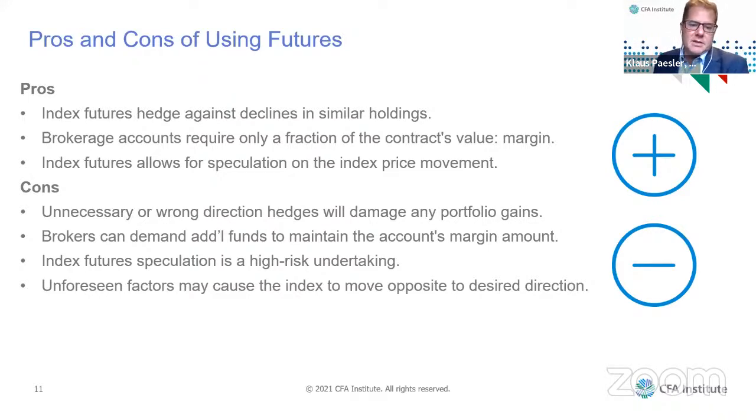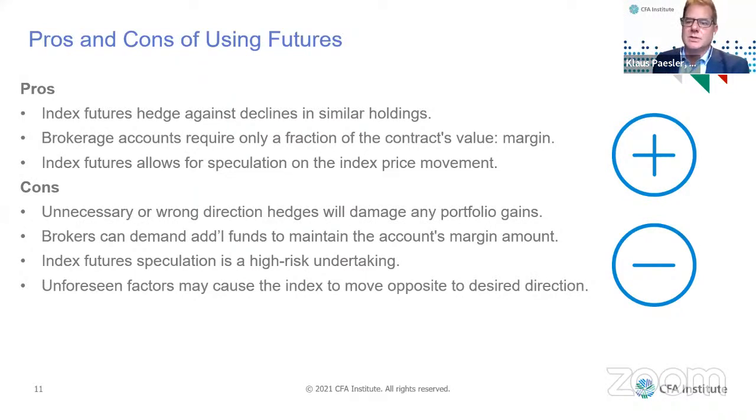The brokers can demand additional funds to maintain the account, and this is where the collateral situation comes into play. You have to have that cash or some liquid securities to back that should the markets move against you, to be able to fund that brokerage account, or your positions can be closed out by the brokers. It can be a high risk undertaking, especially if you're speculating and using it from a leverage standpoint. So for example, I have 15 million, but I want to get 100 million in exposure.